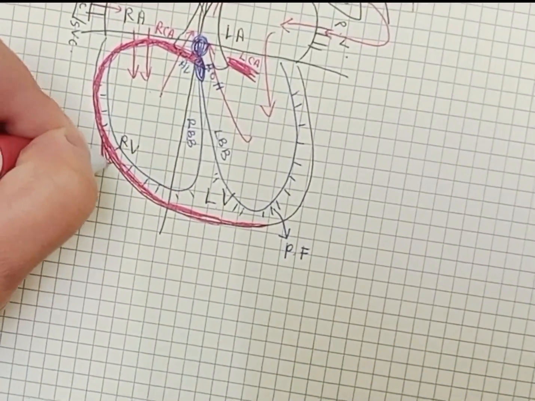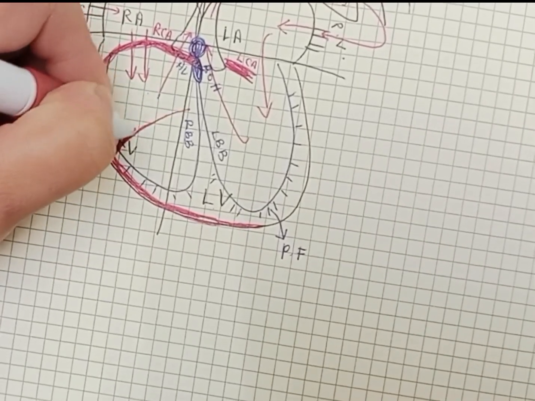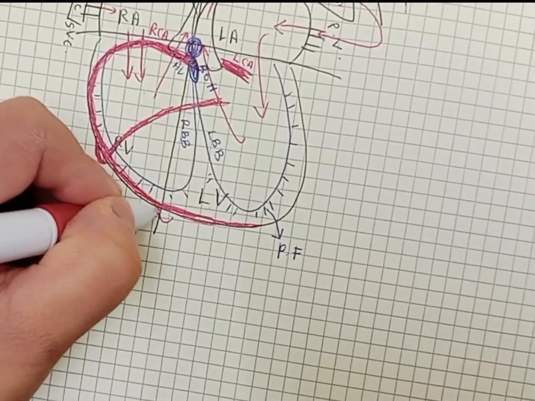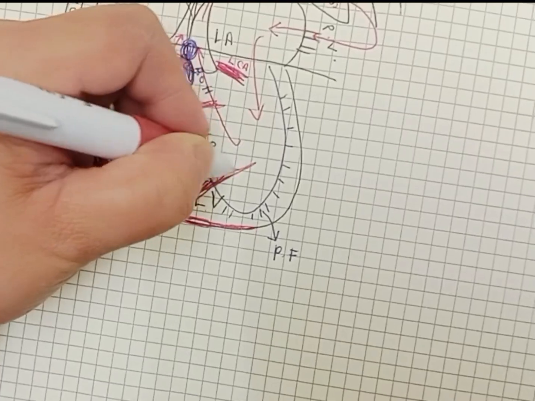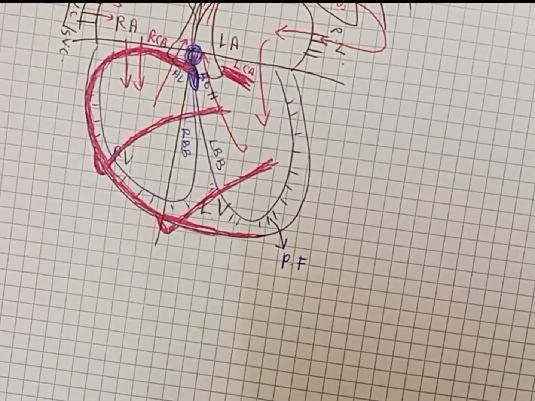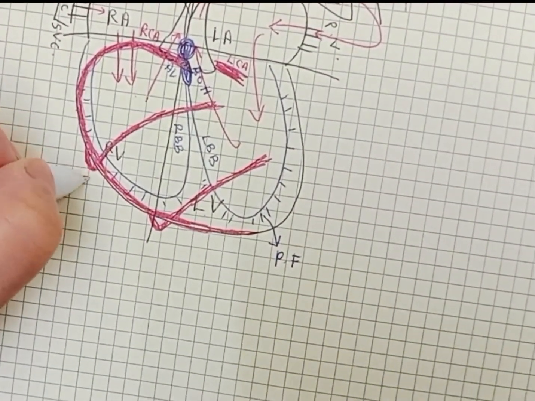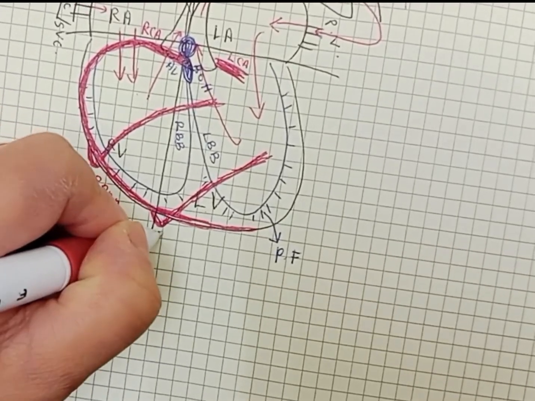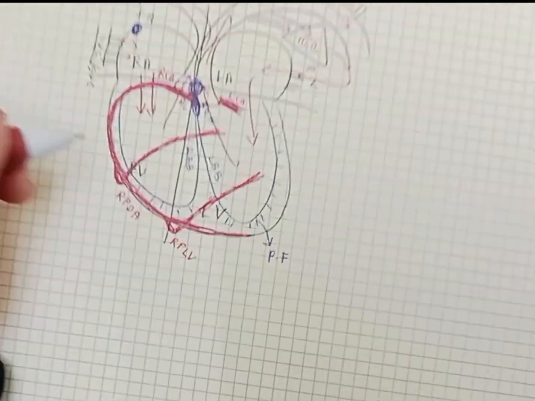And also we have here the right posterior descending artery and the left ventricle posterior. Here is the RCA. This one is the right posterior descending artery and the right posterior left ventricle branch.